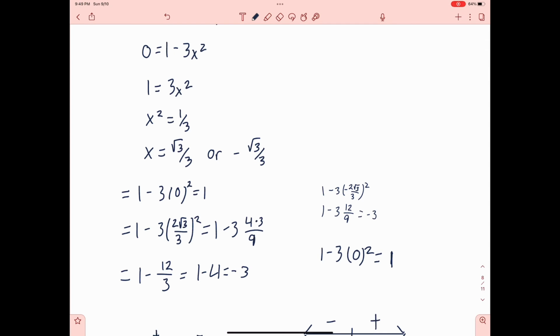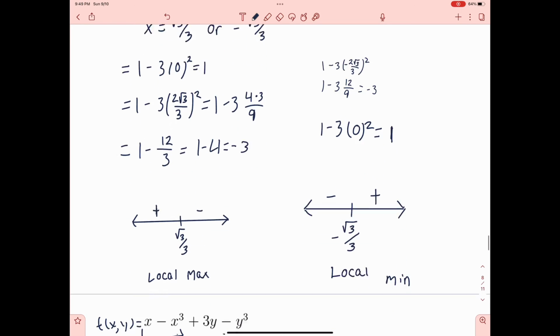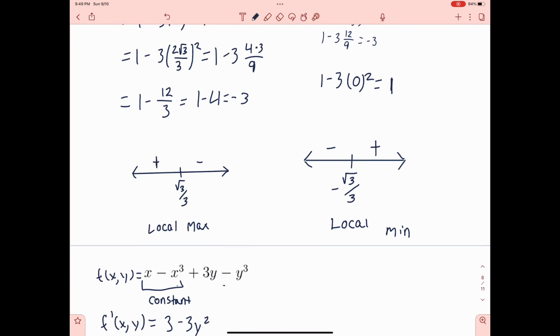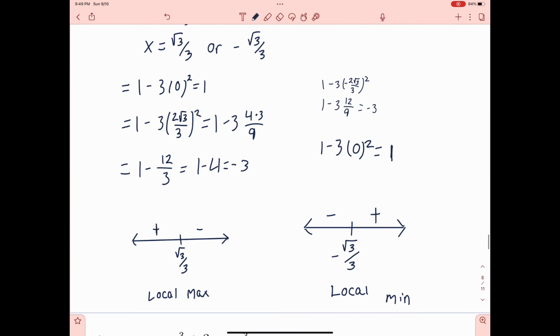So that means positive root 3 over 3 is going to be a local maximum, as the value less than is positive and the value greater than is negative. We do it again with negative root 3 over 3.